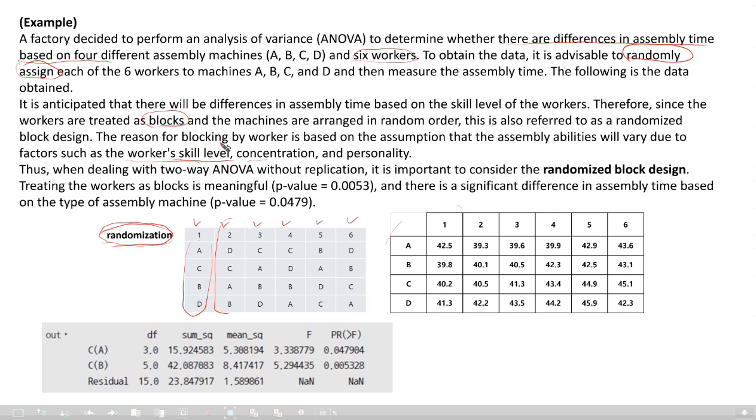The reason for blocking by worker is based on the assumption that the assembly ability will vary due to factors such as workers' skill level, concentration, and personality, that kind of reason.